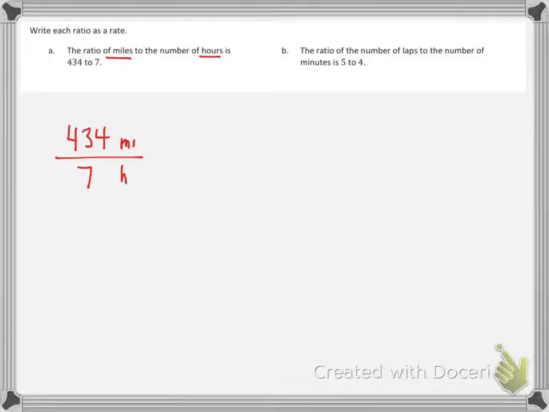Remember, order is everything in a ratio, and then we're going to find out what 434 sevenths is if I actually do the division. So 434 divided by 7 equals 62, so this is 62 miles for every 1 hour, and that is the unit rate.